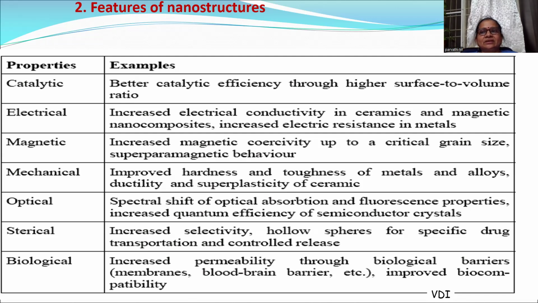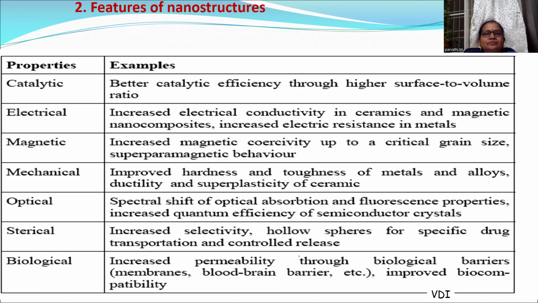That is all in medical applications. Similarly, in the biological field, the properties include increased permeability through biological barriers, such as membranes and the blood-brain barrier, and also biocompatibility of one biological material with another. So biocompatibility can also be observed with respect to nanomaterials.